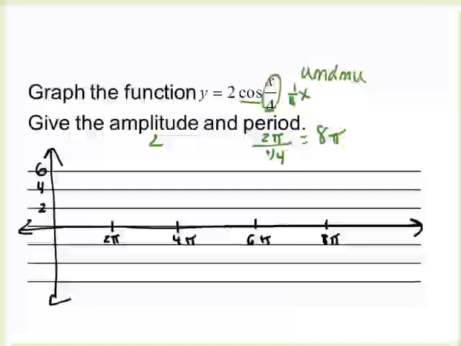To plot our points then, since this is cosine, it starts in the up position, which is a height of 2, but be careful of our scaling. That's really only up 1 line. At the end of the period, which is 8 pi, it's up at a height of 2 again, which is 1 line since we changed our scaling. In the center we have our down, and in the center of those we have our middles.